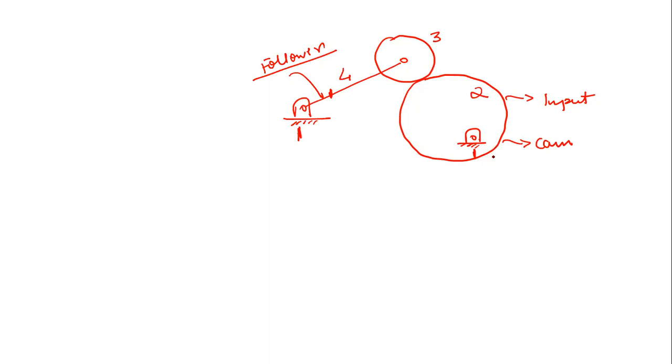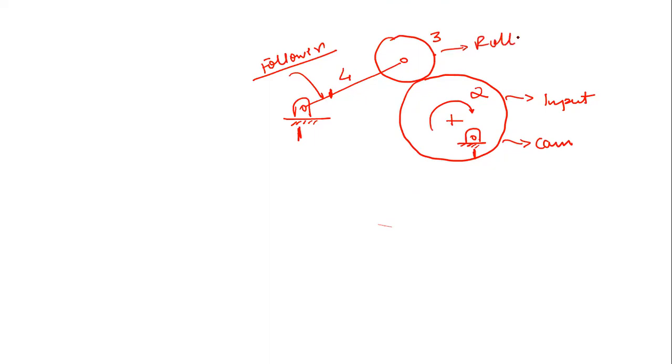So now, watch this arrangement very carefully. Let us say I transfer some motion to this input link, right? So now this started rotating. Now it rotated the follower also, right? Sorry, it rotated this link 3.